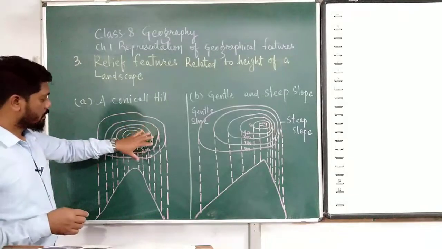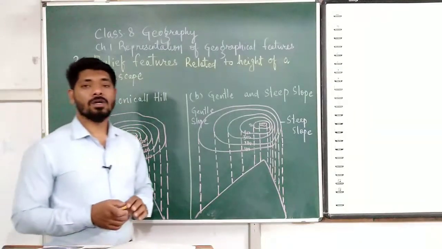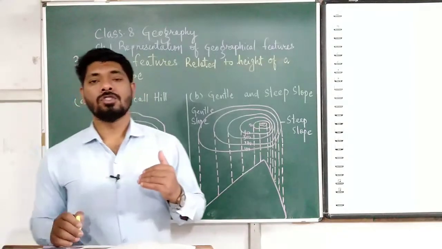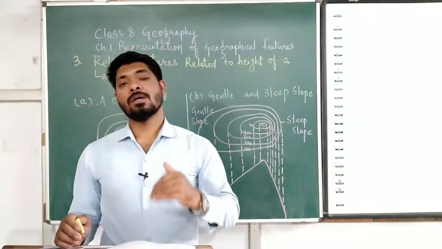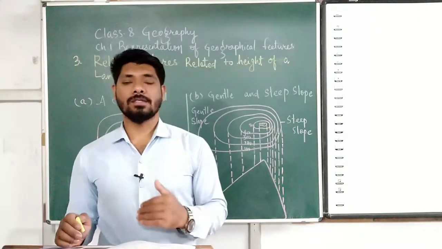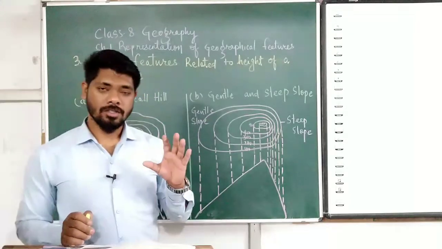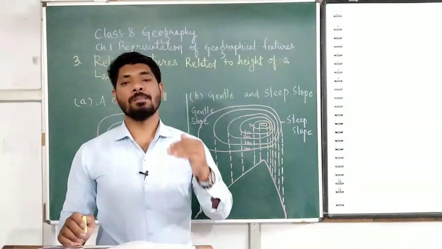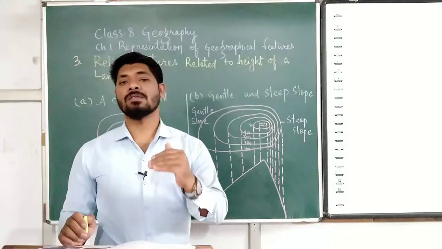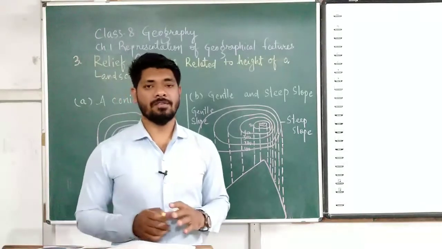We have learned what contour lines are. Contour lines join the places which have the same height from the mean sea level.